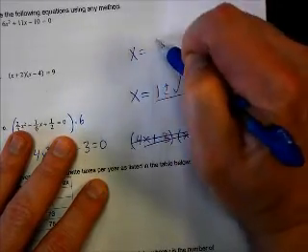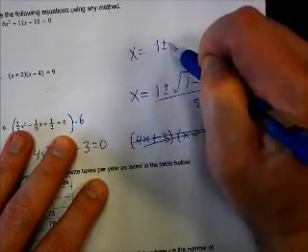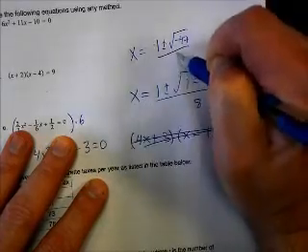So x equals 1 plus and minus the square root of -47 over 8.